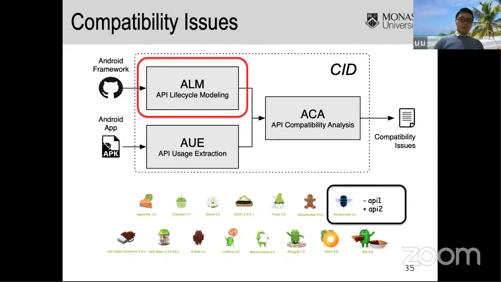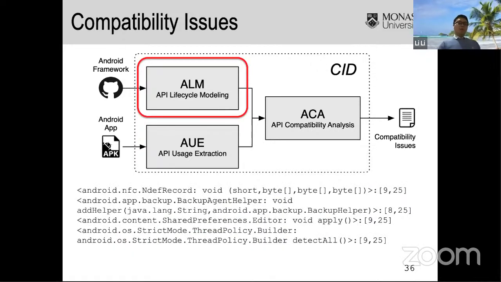So what we propose to do in the first module is to directly analyze the Android framework source code hosted on GitHub. We compare all the major releases of the Android framework source code, trying to model each API, when it is introduced to the framework and when it is removed.